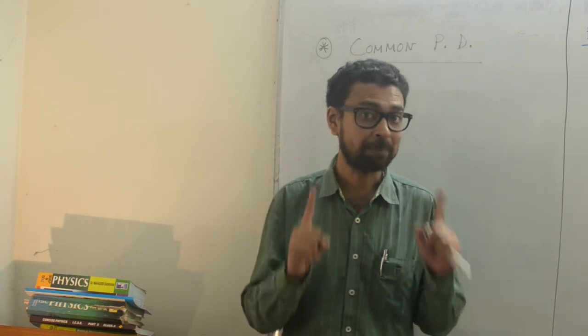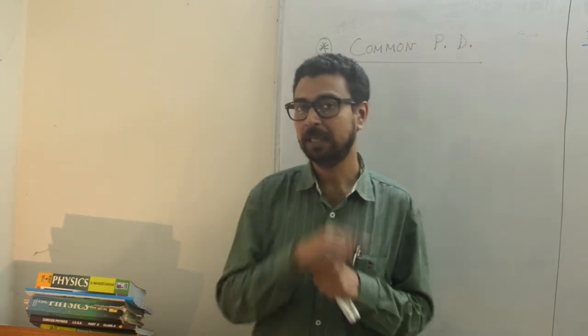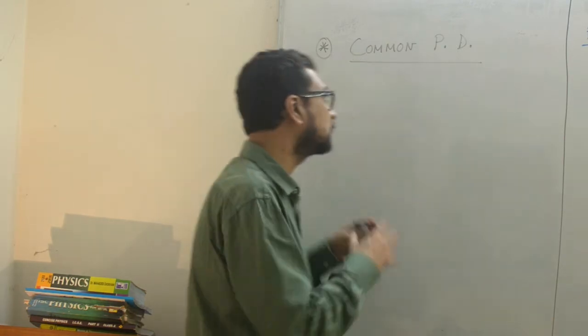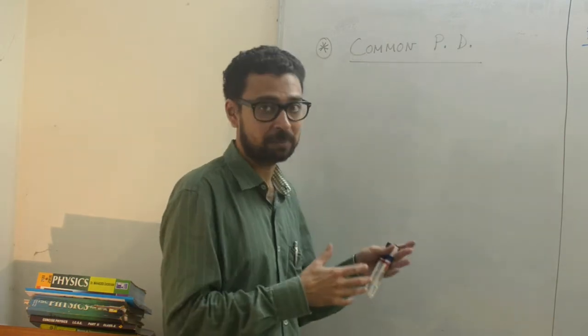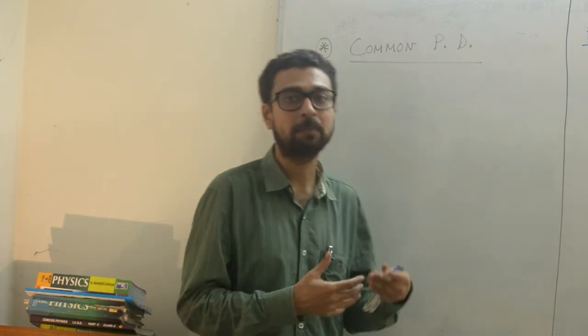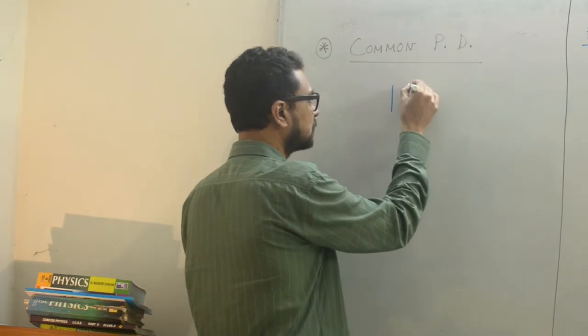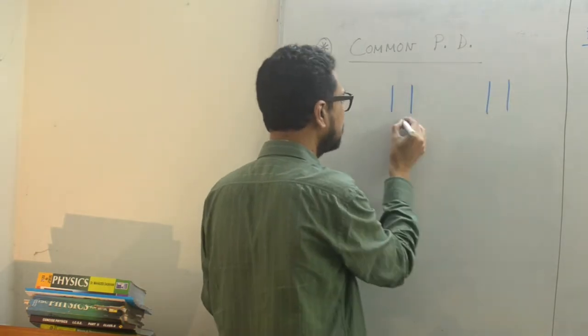Okay, this is what happens during the parallel combination of capacitors, and here is a concept called common potential, because in parallel combination we gain a common potential. So now let us imagine that there are two capacitors, C1 and C2.